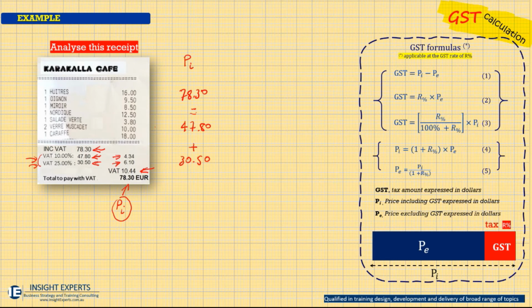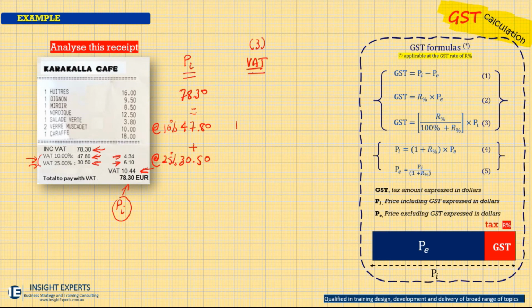Now the first part is taxable at the VAT rate of 10%, and the second one at 25%. All right. Now to calculate the VAT amount, we start with the one which is taxable at 10% here, and using equation number 3, so I'll write the equation number here.